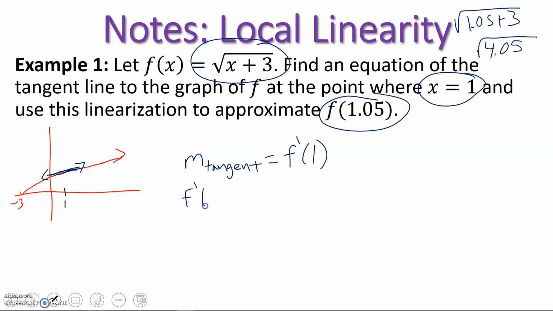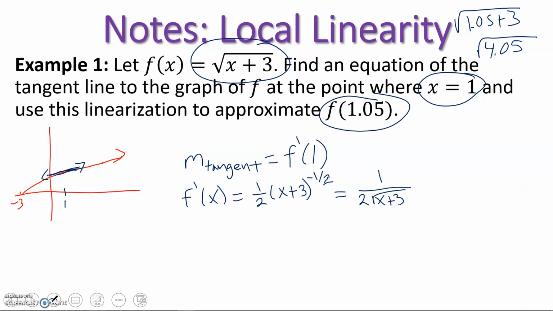So we have f prime of x is equal to, remember, x plus 3 square rooted gives 1 half times x plus 3 to the negative 1 half times the derivative of the inside function, which is just 1, so nothing happens there. If we rewrite this, we get 1 over 2 square root of x plus 3.